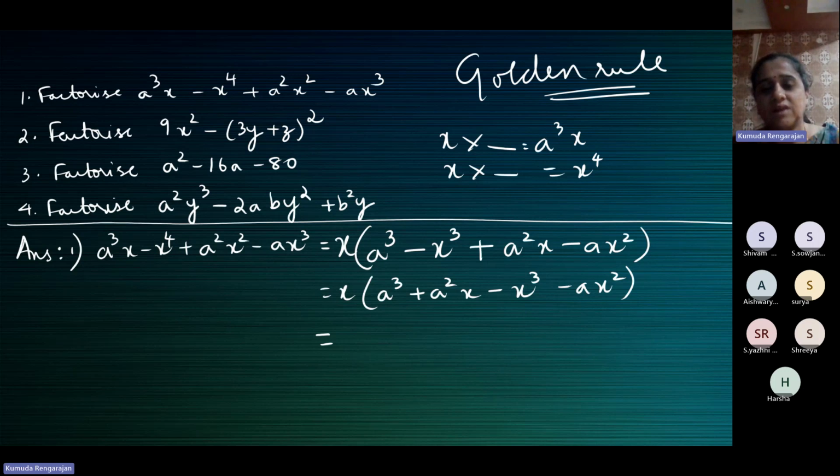And then since there are four terms in the bracket, you can group the first two terms and the last two terms. But when you group them like that, they should have something in common. A cubed and x cubed, the first two terms have nothing in common. So we have to rearrange. Write a cubed as it is, write the third term in the second place and the second term in the third place. And we'll see if this works.